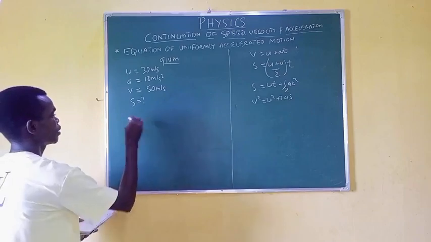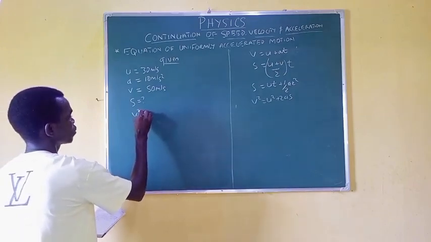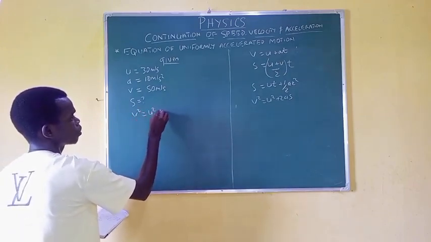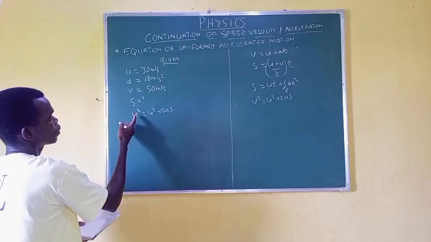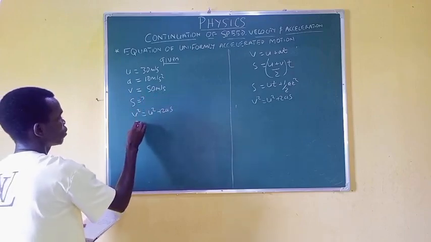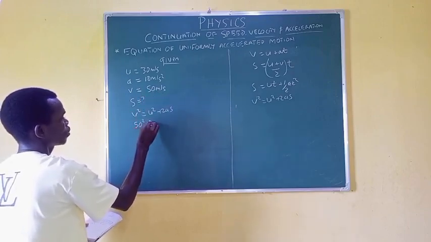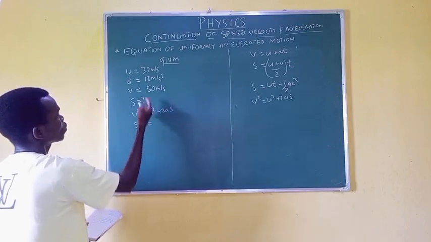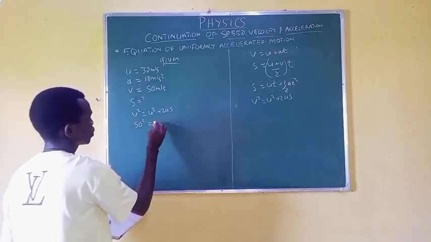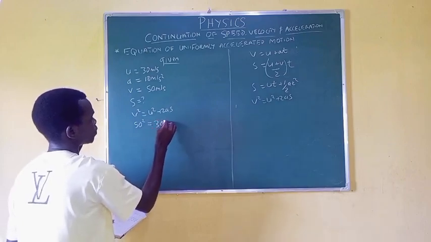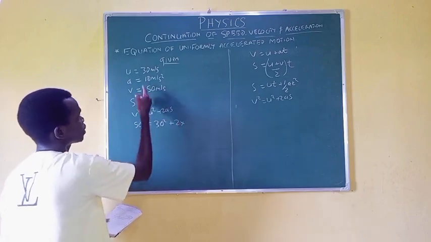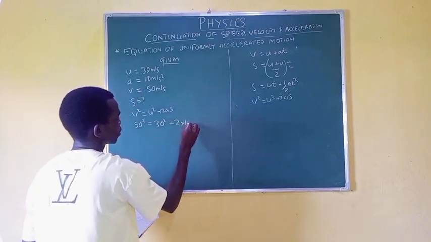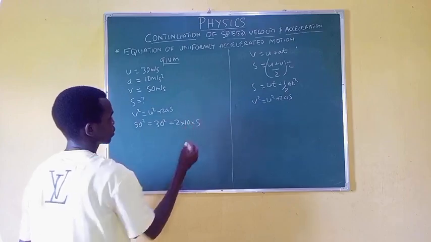From there, the equation will now be v squared is equal to u squared plus 2as. I know that v is equal to 50. Now 50 squared is equal to u squared, which is 30 squared, plus 2 times the acceleration, which is 10, times s.